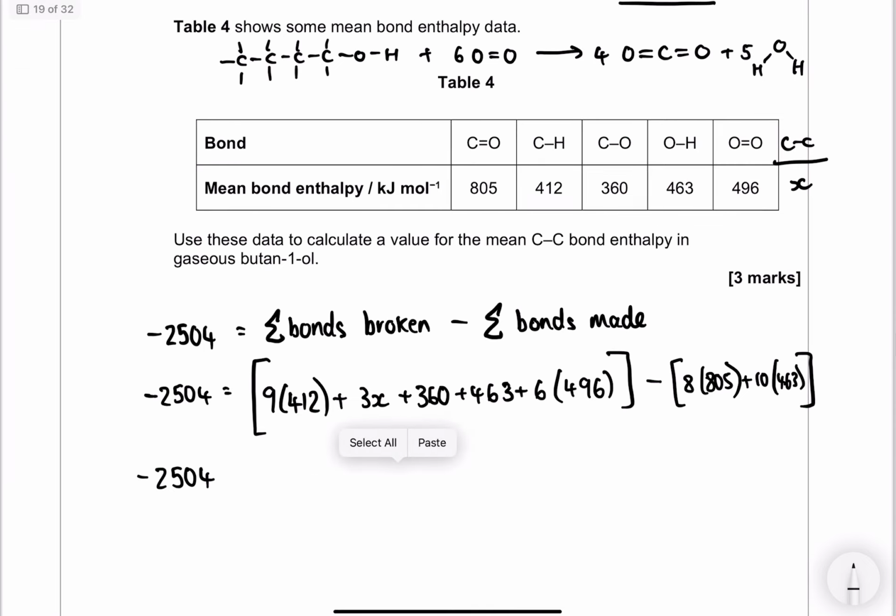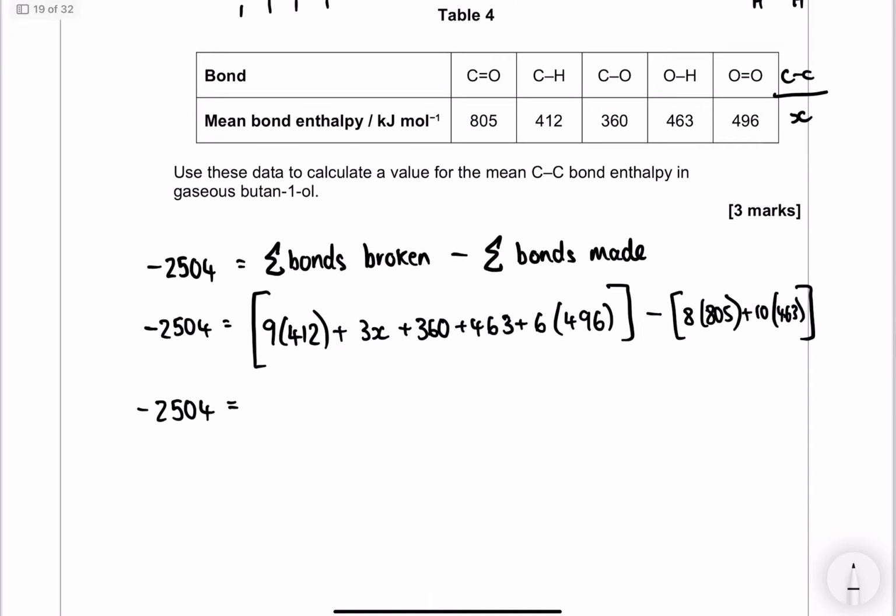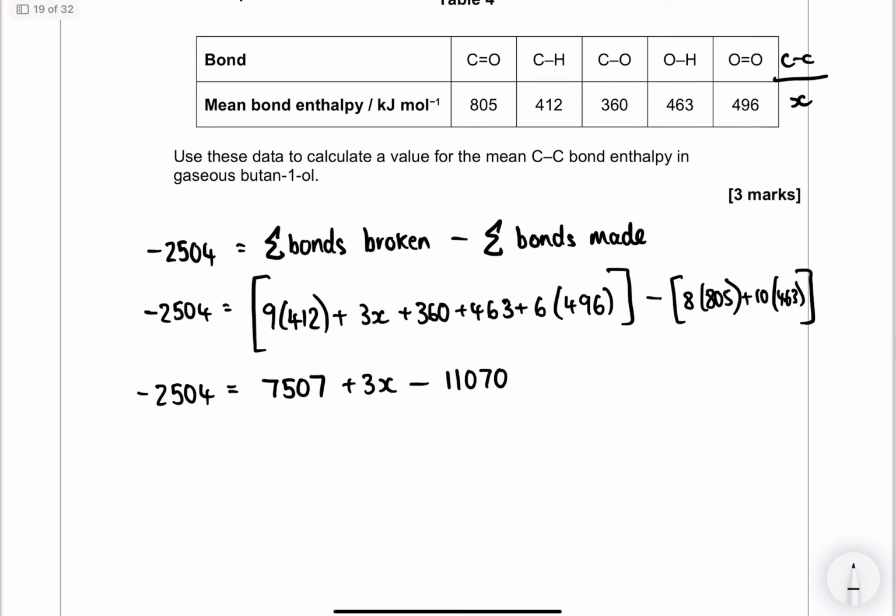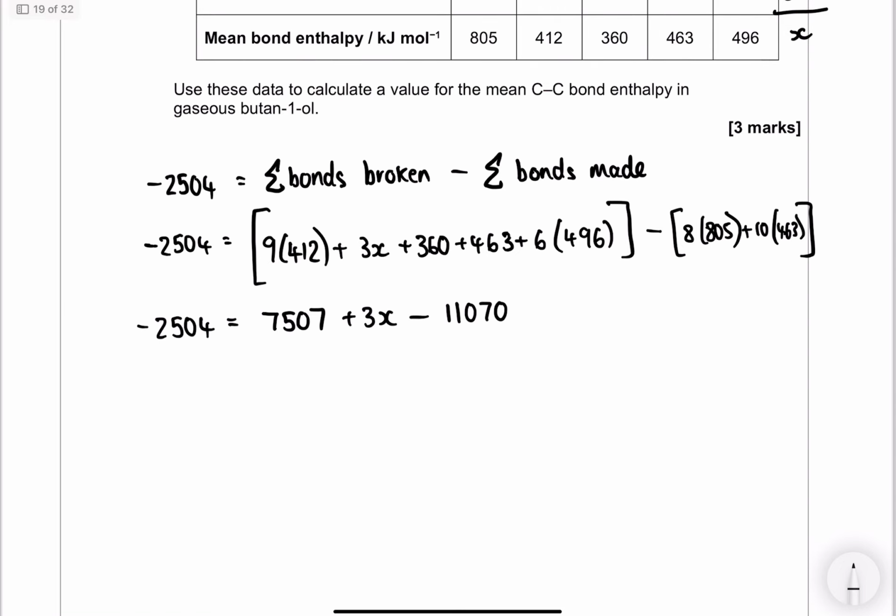So this is where we need to use our calculator to add up these values. If we add up everything in the left bracket except the 3x, we get 7507. We've still got the 3x. If we add up the right hand bracket, we get 11,070. So then we can work out that 3x equals minus 2504 minus 7507 plus 11070.